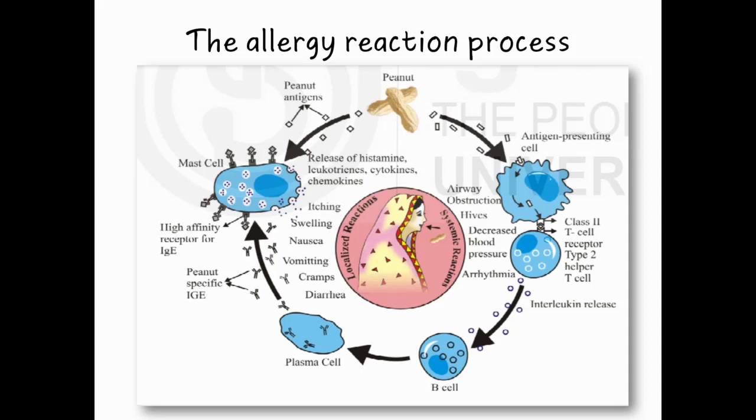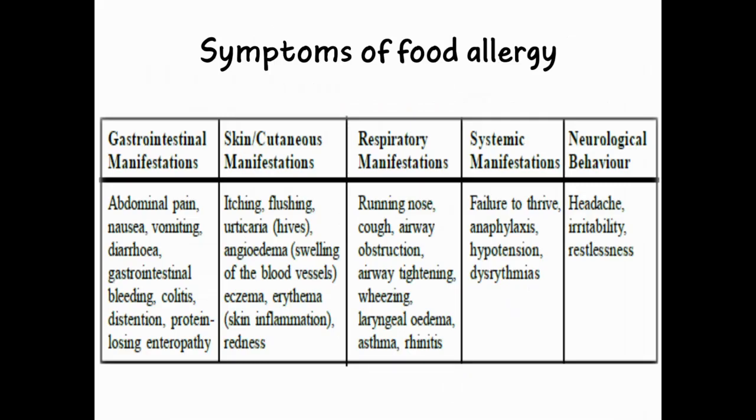So this is how the immune response is responding in our body to a particular allergen, producing a reaction denoting that whatever the person has consumed or come across is not suiting the body. So these are the symptoms that are produced after allergy reactions.